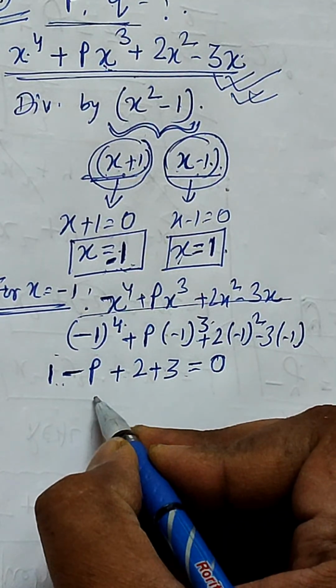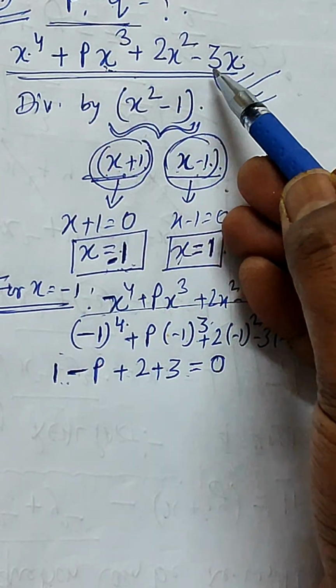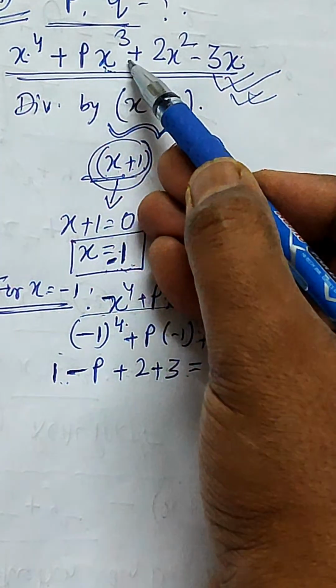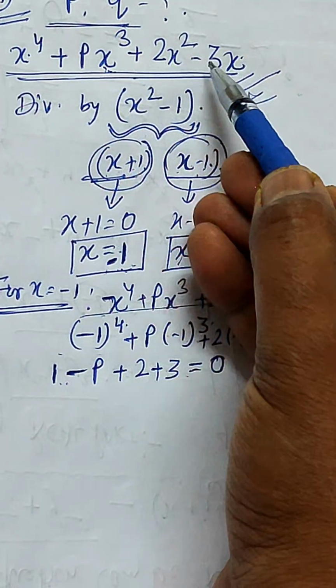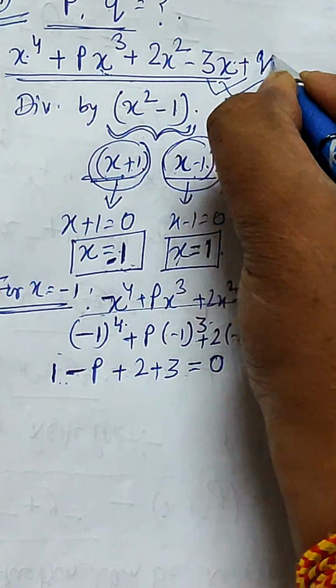Yes, we have left out the q over here; one q was also there, x^4 plus px cube plus 2x square minus 3x plus q.